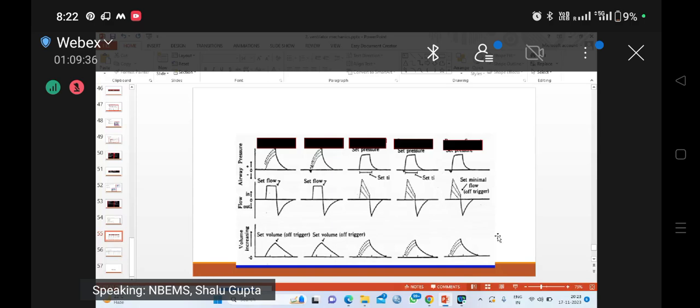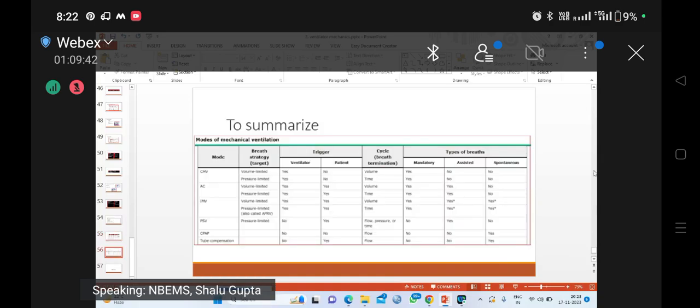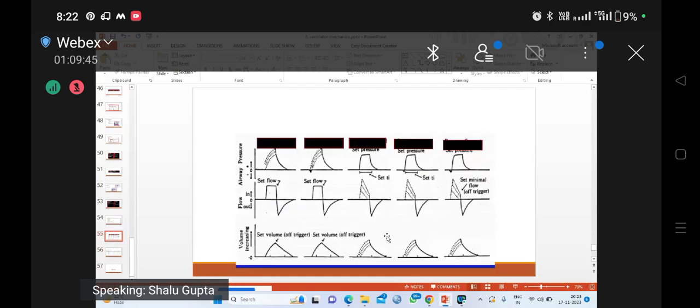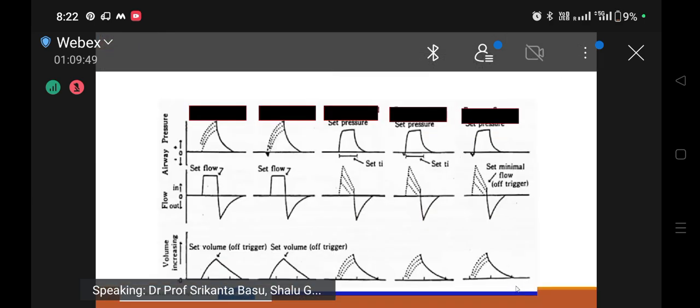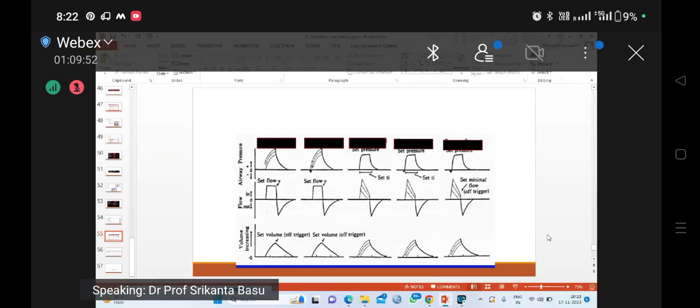I have to stop sharing. No, next to the arrow sign, next to the stop. There is a figure of a person, a line figure of a person. You click that. No, sir, I'm not able to see any figure. I'm only able to see notes written, comment written, and nothing else is coming. Is there no option, sir, on this screen? No, there is no option. Only my presentation is visible.